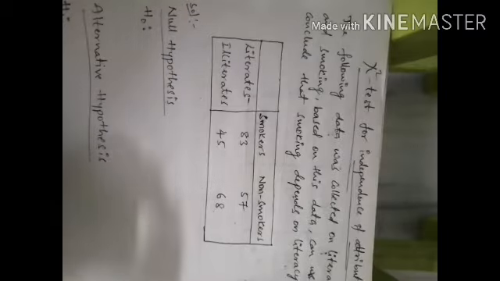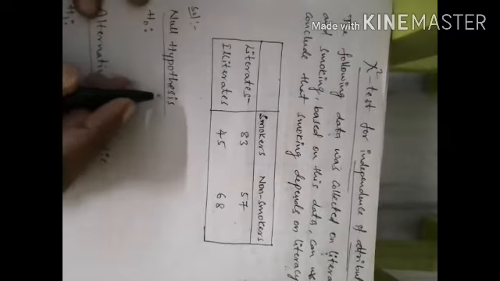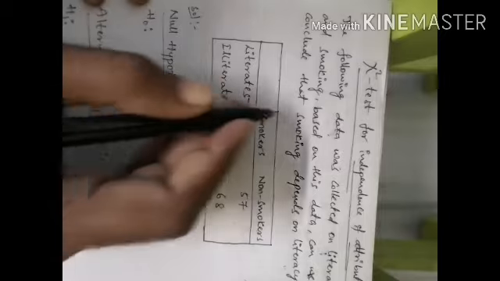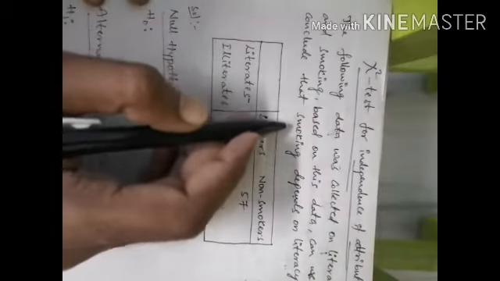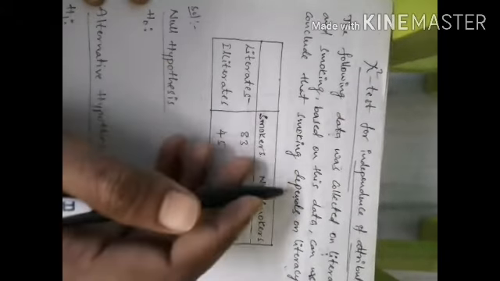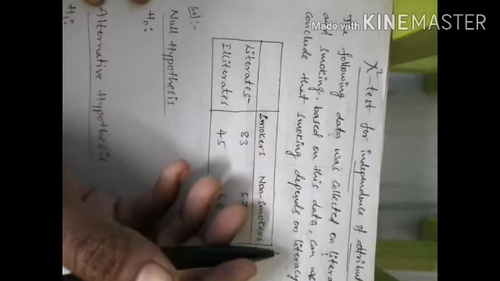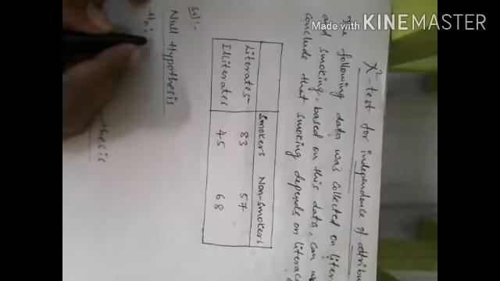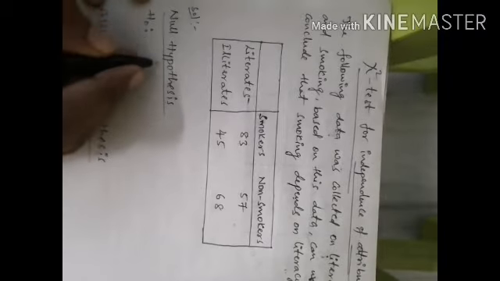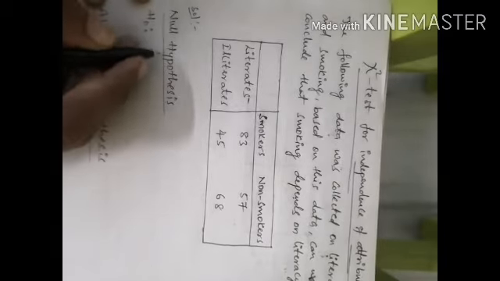So first we need to set up the null hypothesis. How to set up null hypothesis? So here in the given question, can you conclude that the smoking depends on literacy or not? So here we are setting the null hypothesis, null means nothing is happening.